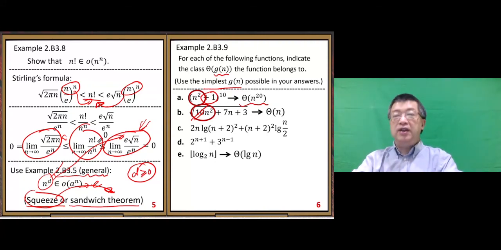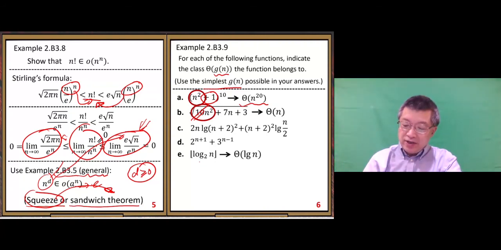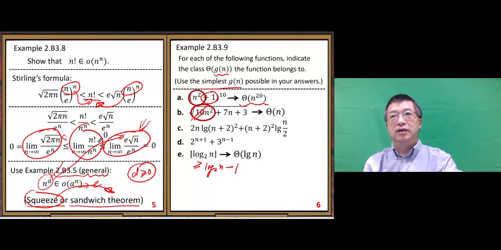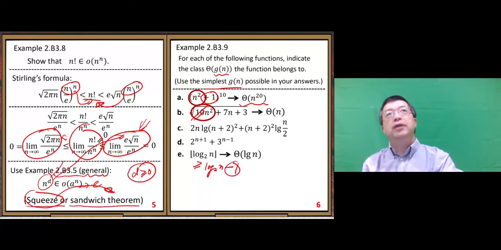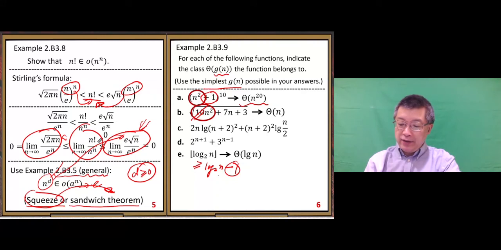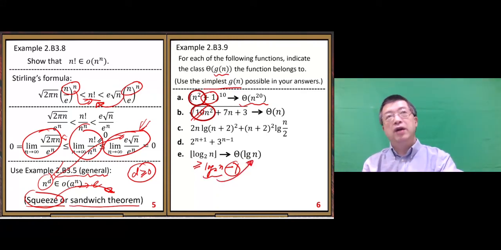E, that's easy, right? Because this one is greater or equal to log 2n minus 1, and we know this minus 1 is a minor term we can ignore. Very small, we can ignore. So then you just keep this. LG, sometimes people write log base 2.